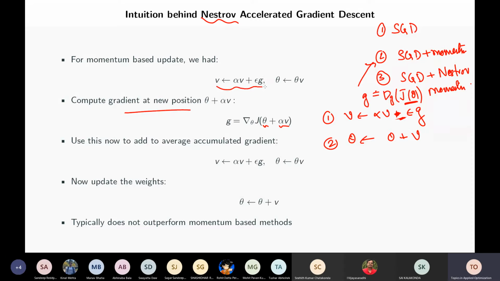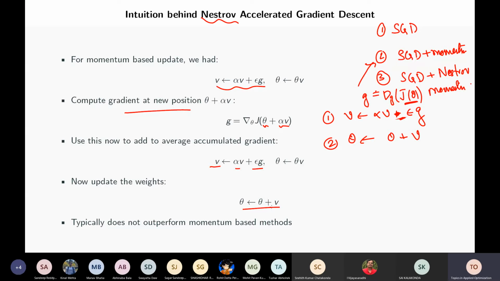So this was the original momentum based method, and what Nesterov suggested is to compute the gradient now at theta plus alpha v. Then you change your v like this and now update the weights.